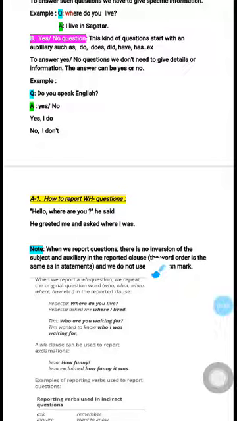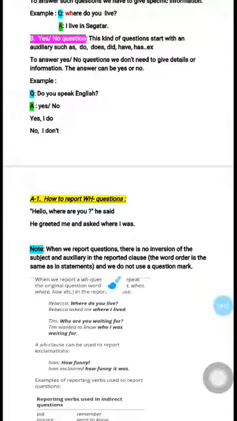What does that mean? In reported speech, there is no inversion of the subject and auxiliary in the reported clause. Okay? The word order is the same as in statements, and we do not use a question mark.